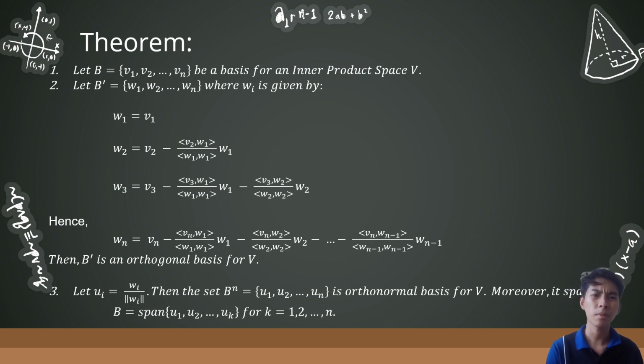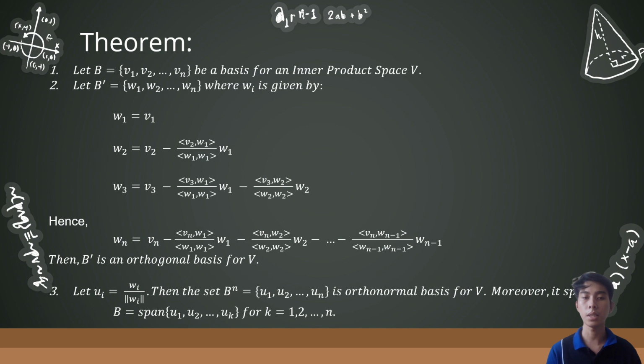Hence, as we can see in the given equations for finding the vectors of our B prime, we can identify a sequence.